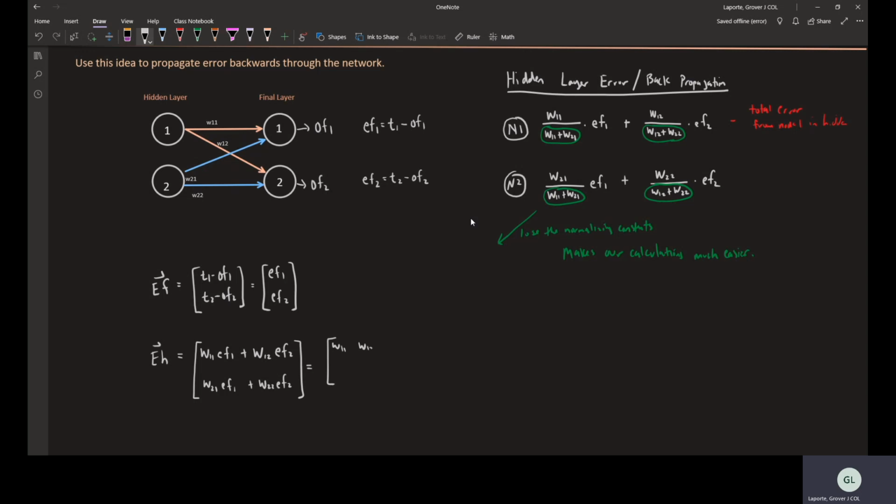The matrix with rows W11, W12 and W21, W22, times the vector EF1 and EF2. This would be WHF, the matrix WHF times the vector EF. Or here, let me use the capital E, because that's what I used before.